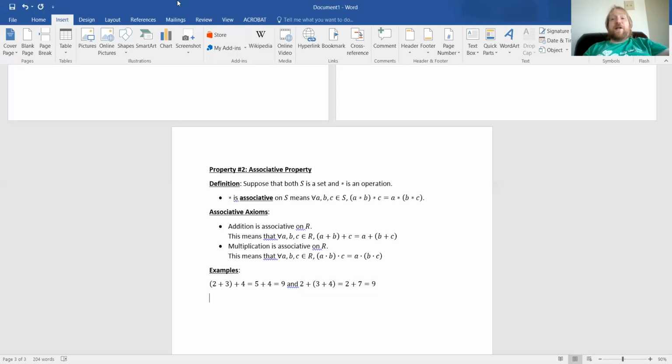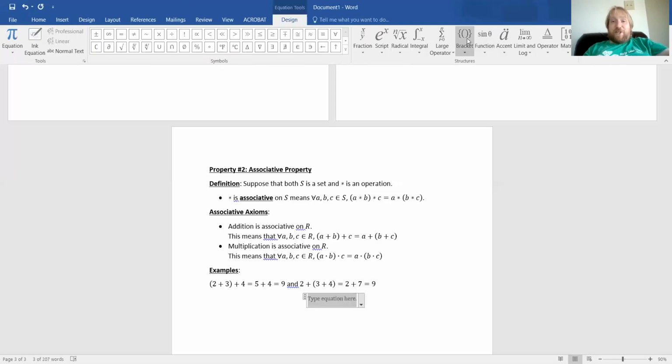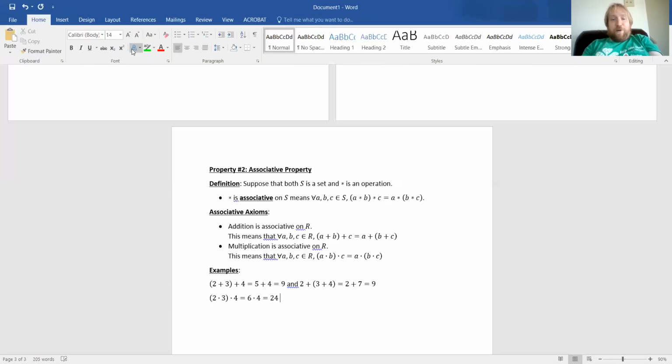And similarly, to illustrate this with multiplication, if I do 2 times 3, times 4, with the 2 and the 3 in parenthesis, the 2 times 3 is 6. So that becomes 6 times 4, which is 24.